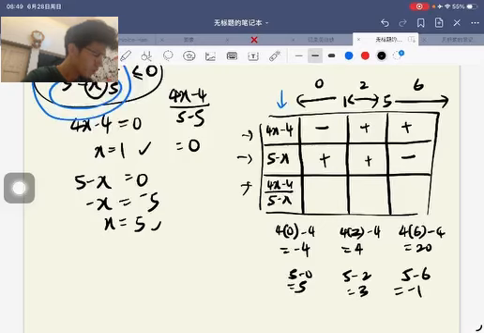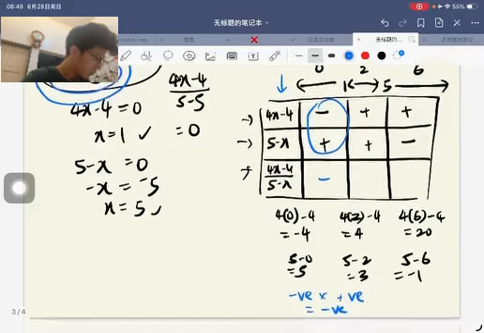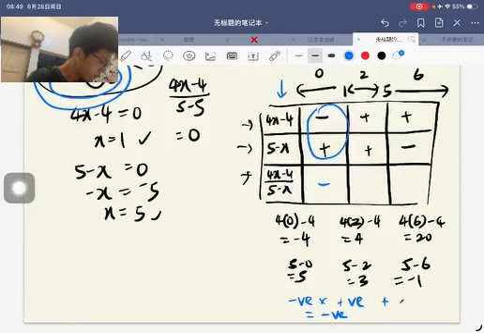You just need to use the signs that you just got. Negative times positive is equal to negative, so this side you put negative. Positive times positive is equal to positive, and then positive times negative is equal to negative.